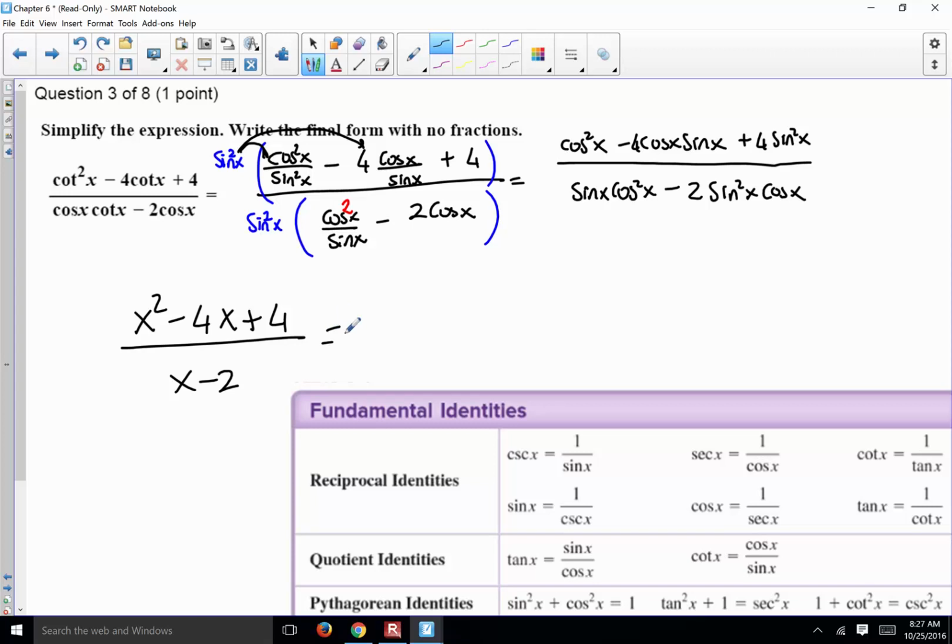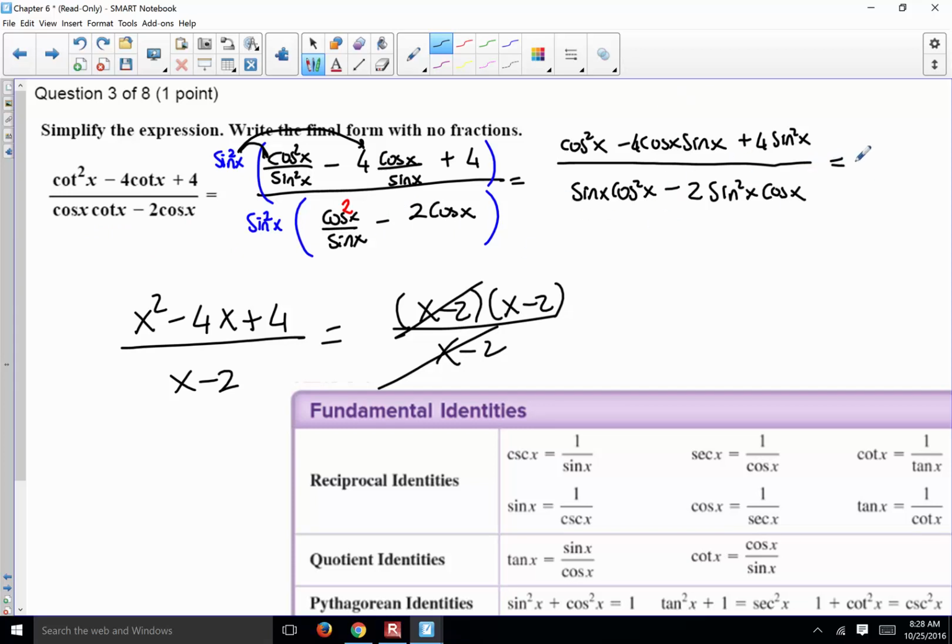We factor. This is x minus 2, x minus 2. Oh, there is an x minus 2 here. Bam, bam. And then we have something simpler. Do you see something like that going on here?